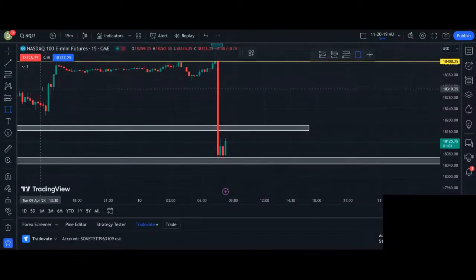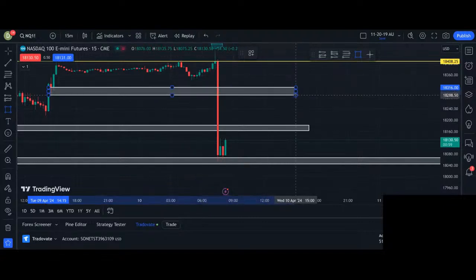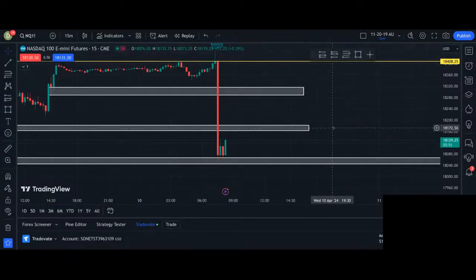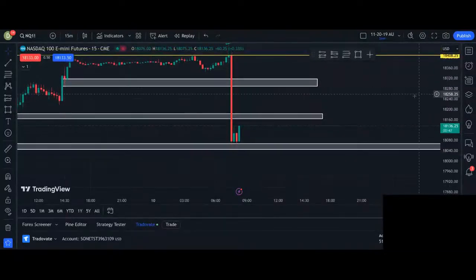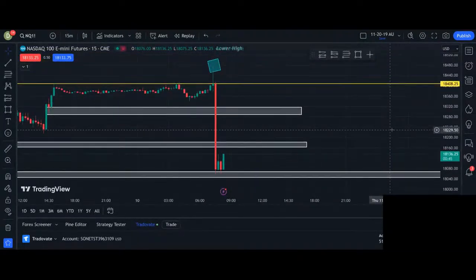Mark this area up too. Price can come back, test that zone too and fall. I feel pretty good about the day though. My patience got better, so market finna start going crazy once it opens up.